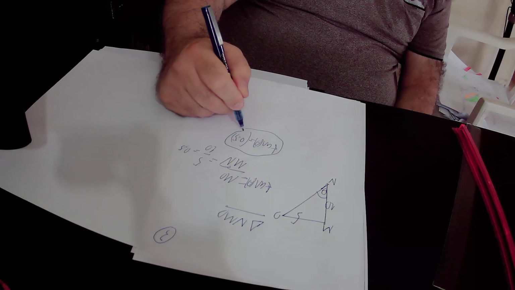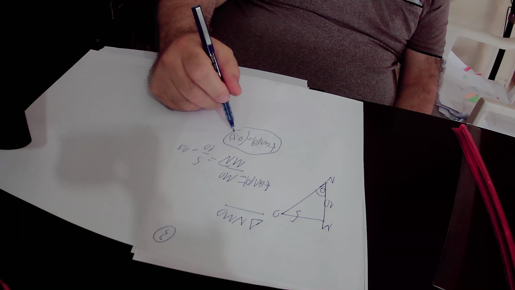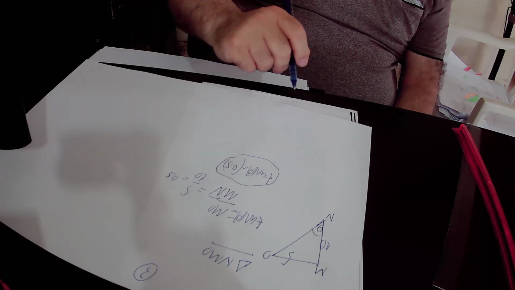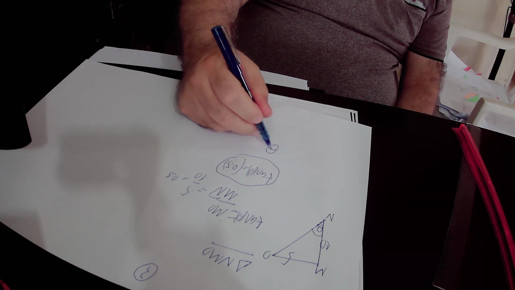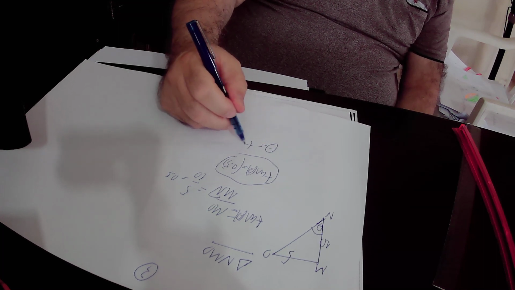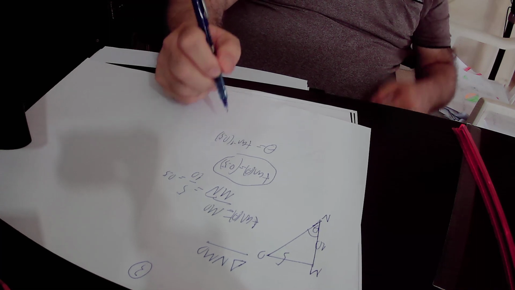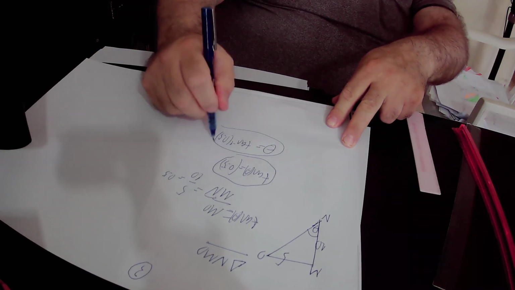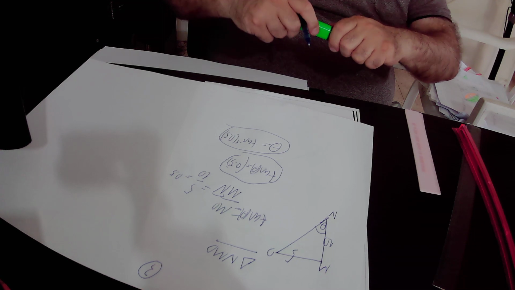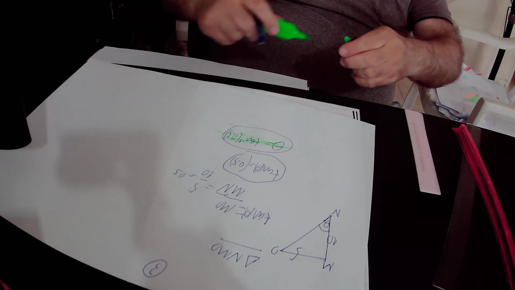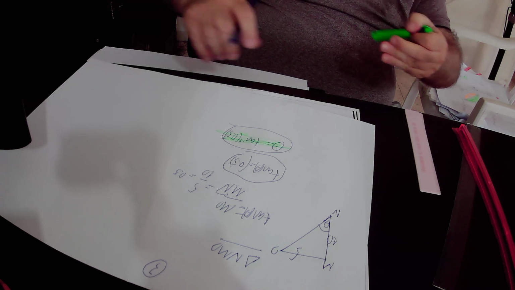Now we apply the inverse function of tangent to the result, and this gives us the value of theta itself. So theta equals tangent inverse of 0.5.